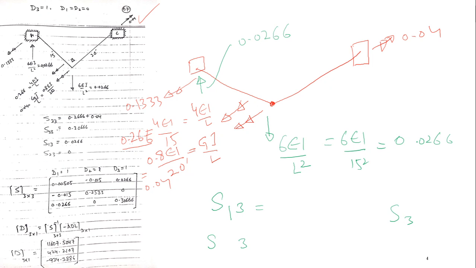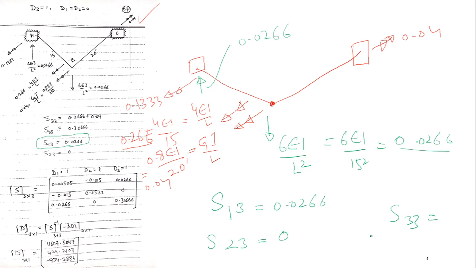So S13 would be equal to 0.0266. S23, 2 is corresponding to X direction. In this direction I have no moment. It comes out to be 0.